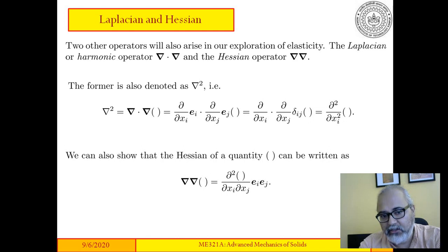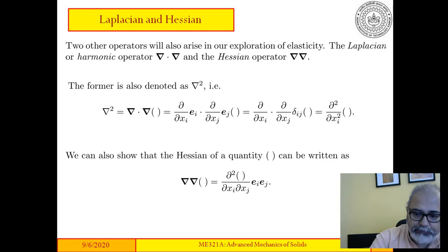Higher elasticity theories make use of the Hessian quite a bit. I want you to understand the difference between the harmonic operator, which is a dot product of the nabla operator, and the Hessian, which is a dyadic of the nabla operator. Okay, let's stop here.